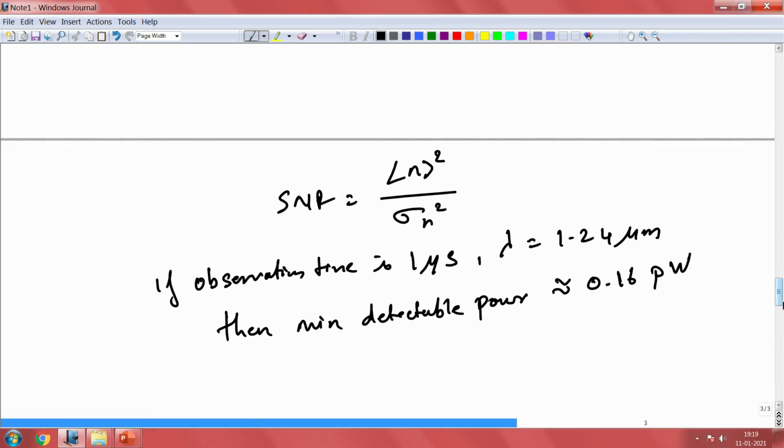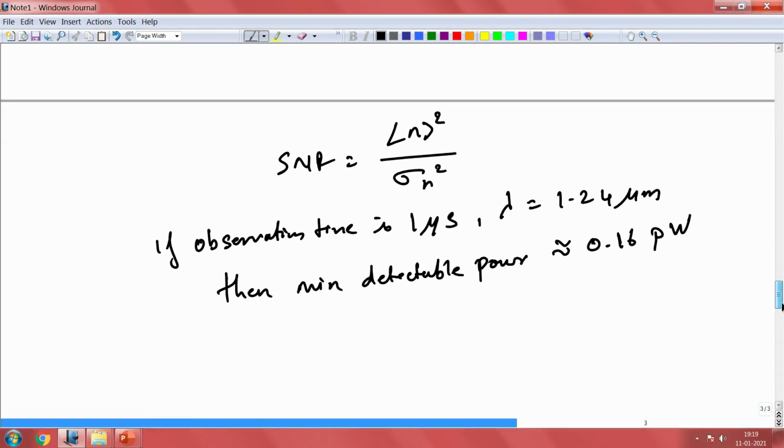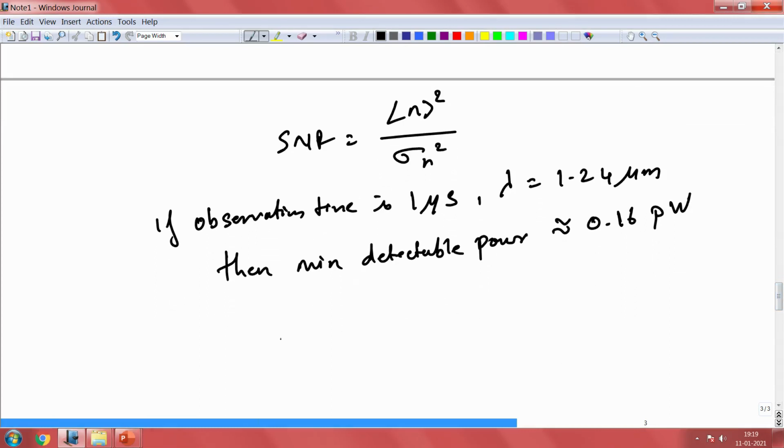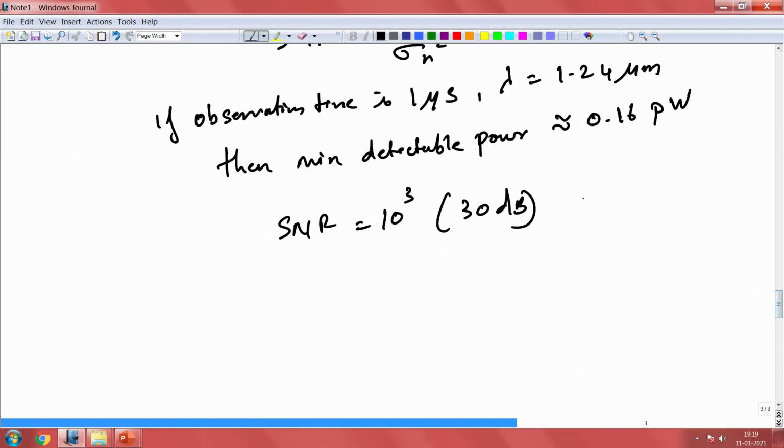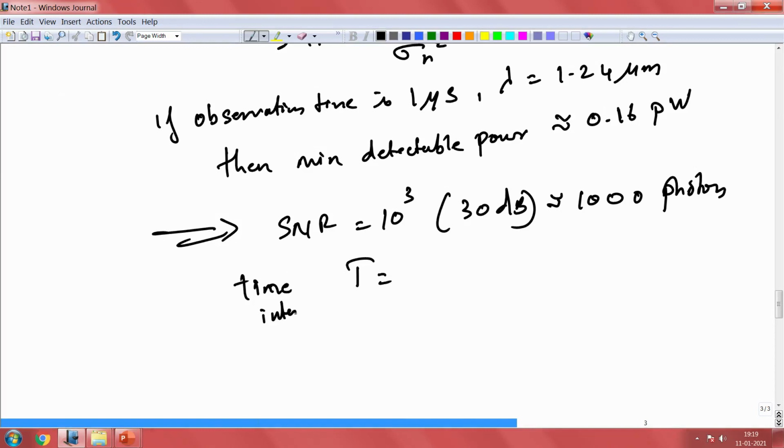For example, if you have sensitivity information given here, say the SNR is 10 to the power of 3, in other words 30 dB, that is nothing but 1000 photons. This is 1000 photons is what we are looking at. In this case, let us say your time interval is about 10 nanoseconds.